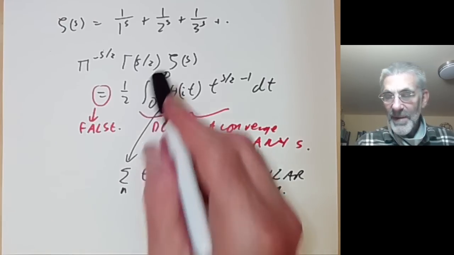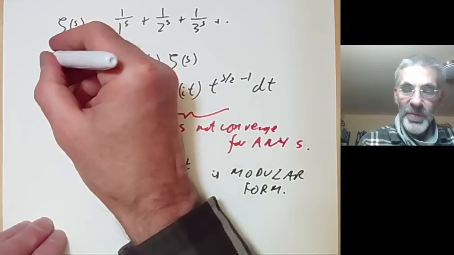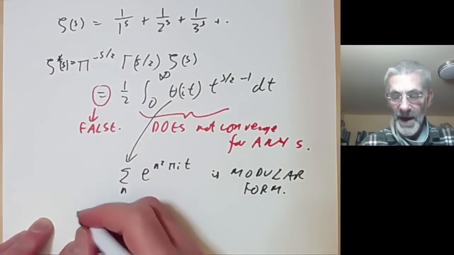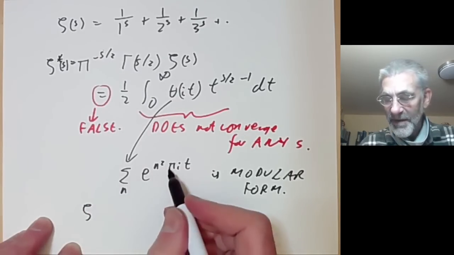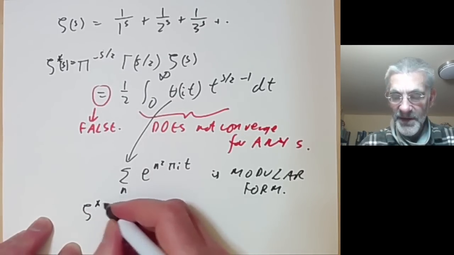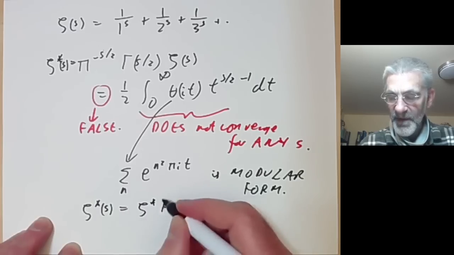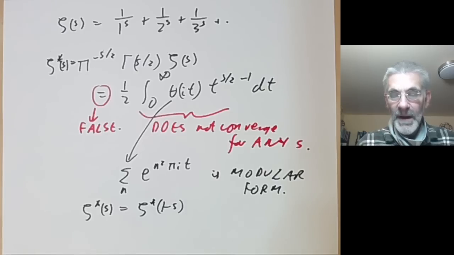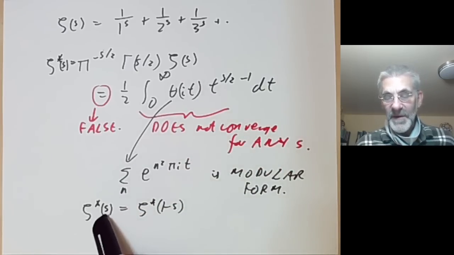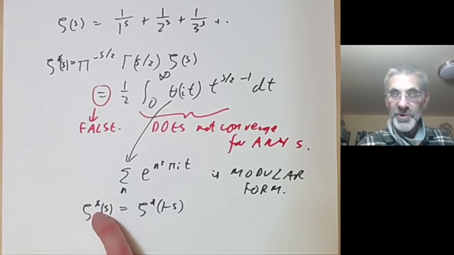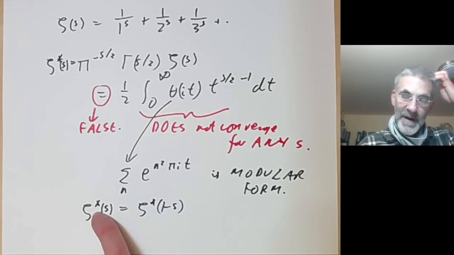And Riemann noticed that if you put zeta star of s equal to this, the fact that this was a modular form implies the functional equation for the zeta function. And using this functional equation, he came up with the Riemann hypothesis, which says that all zeros of this function should have a real part equal to a half.